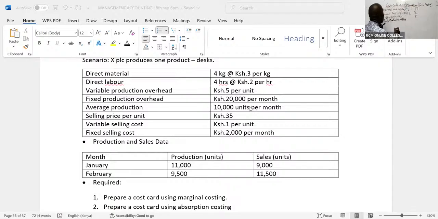So then I will calculate what we call OAR, overhead absorption rate per unit, which will be 20,000 divided by how many units? 10,000. So you take the total fixed overheads over expected production to make it for 1 unit, which in this case gives us 2.